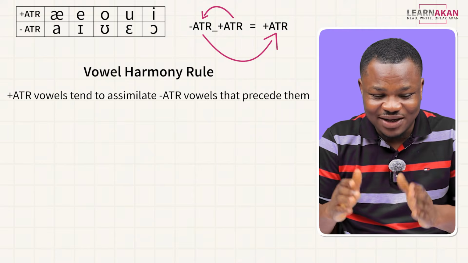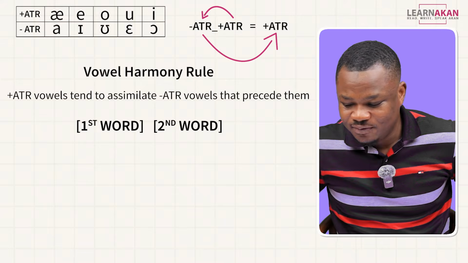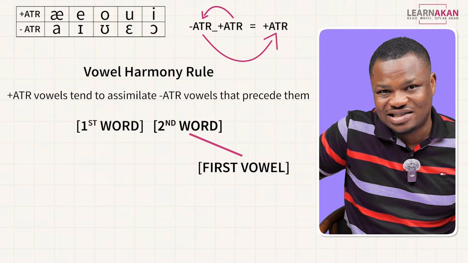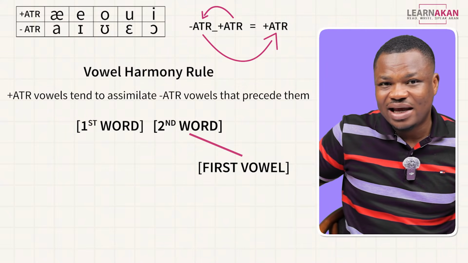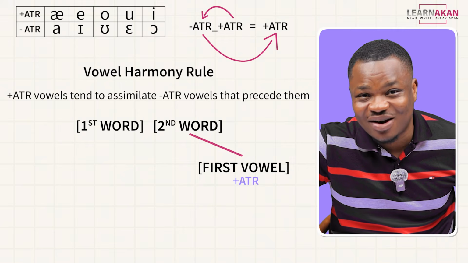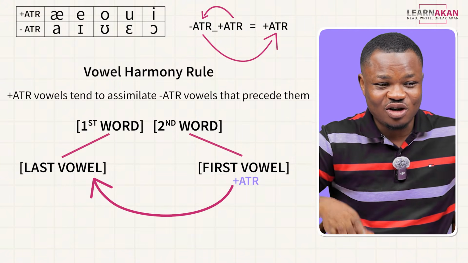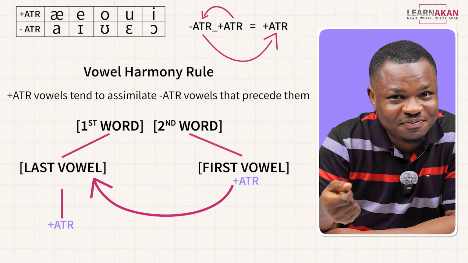Now, similarly, if you have one word followed by another word, and the first vowel of that second word is a plus ATR sound, that can cause the last vowel of the preceding word to change into a plus ATR equivalent.